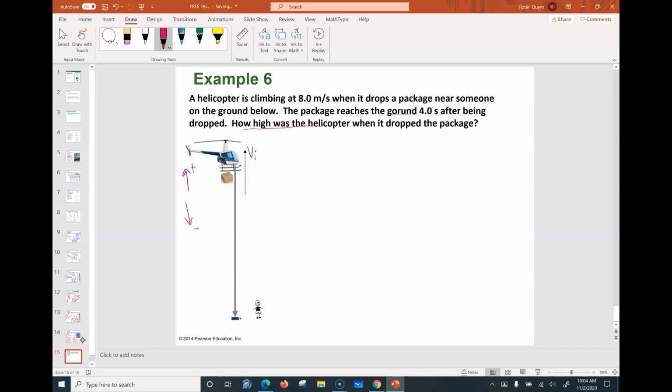So we'll put this all together, and we will start with just our basics. We're going to say my initial velocity, and then we just list final velocity, my delta y for the package. Acceleration is always negative little g, which is negative 9.8 meters per second squared.